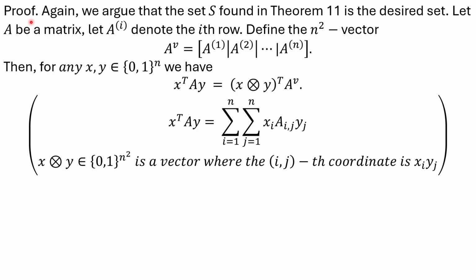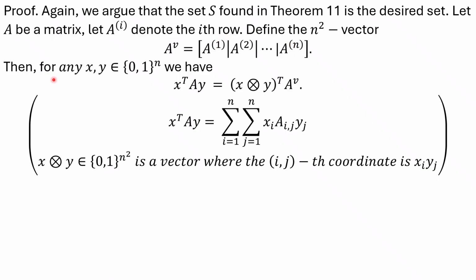Proof. Again, we argue that the set S found in theorem 11 is the desired set. Let A be a matrix. Let A_i denote the ith row. Define the n squared vector, A_V, which is going to be A_1, A_2 until A_n. So we have the rows expanded.